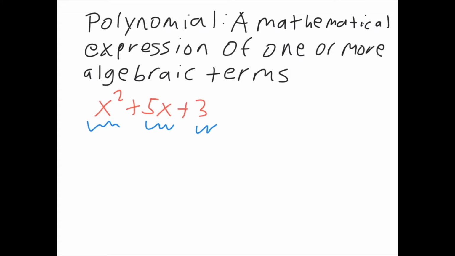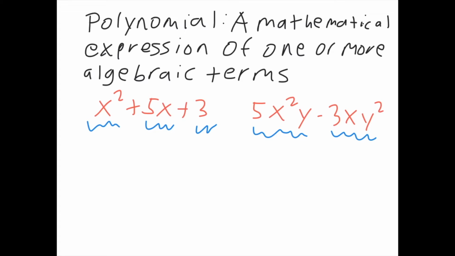We'll get into talking more about what kinds of polynomials there are, but today is more about adding and subtracting them. But here are a few more examples of polynomials. We can have 5x squared y minus 3xy squared. Those are polynomials, and this is one term, and this is one term. Again, the subtraction sign is what separates them.